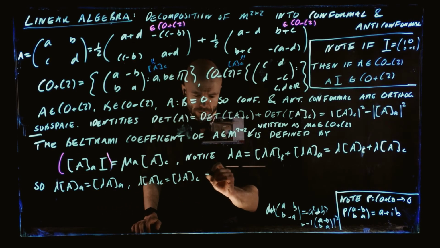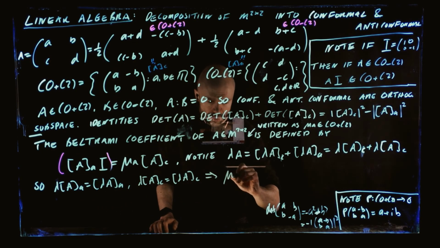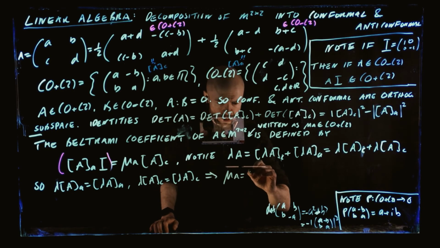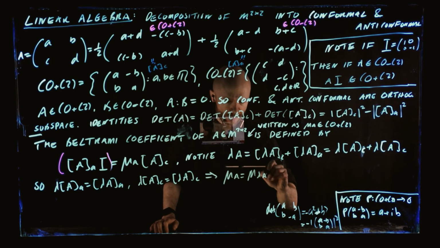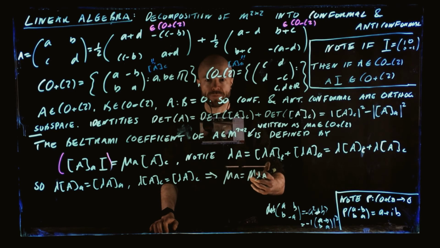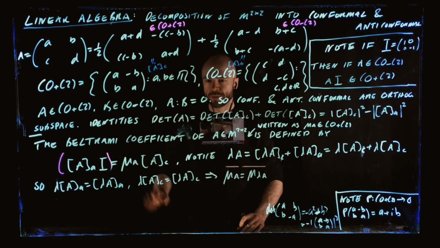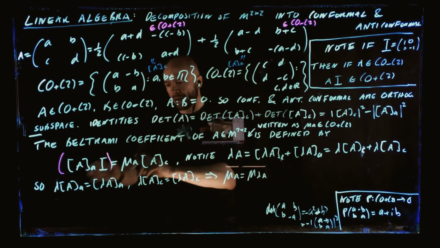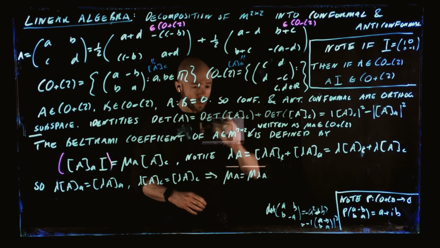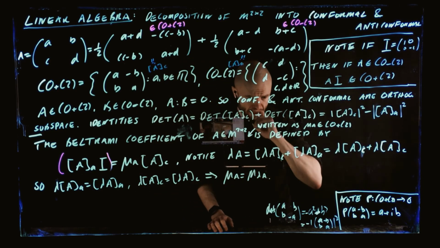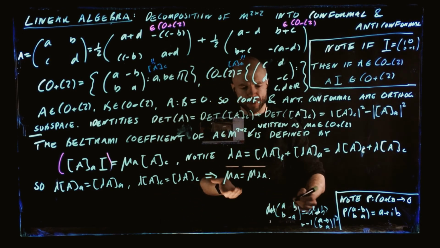So the Beltrami coefficient doesn't notice when we dilate something by some lambda. It can't tell the difference between A and lambda times A. A bit more subtle is if we rotate a matrix, let's see what happens.